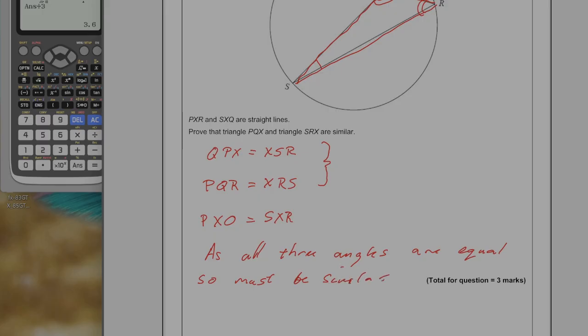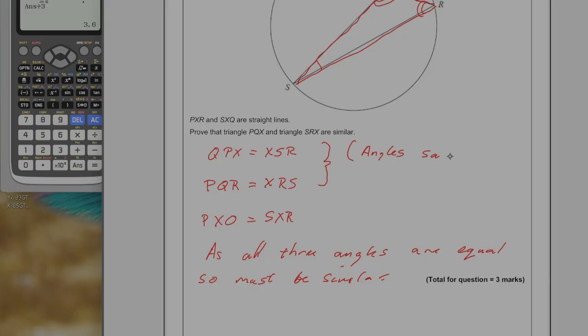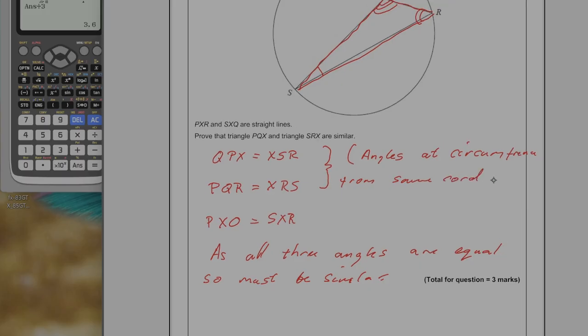Right, now let's put our reasons in. So our circle theorem, technically angles at the circumference from the same chord are equal. So I'm going to put the same reasoning for these two. Angles at circumference from same chord are equal.